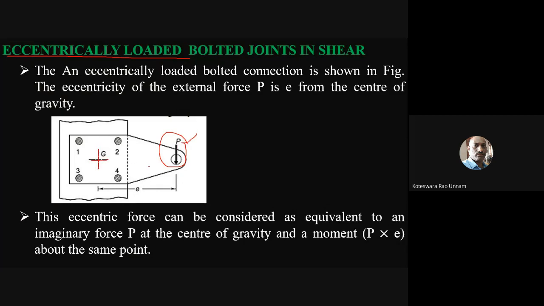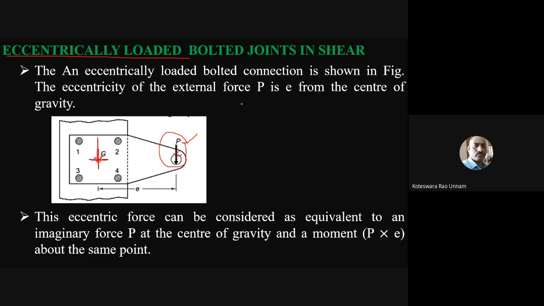Suppose the load, instead of acting at this point, is acting here itself. We won't say it is an eccentric load; it is a direct load only. In that case, direct load means direct shear force.